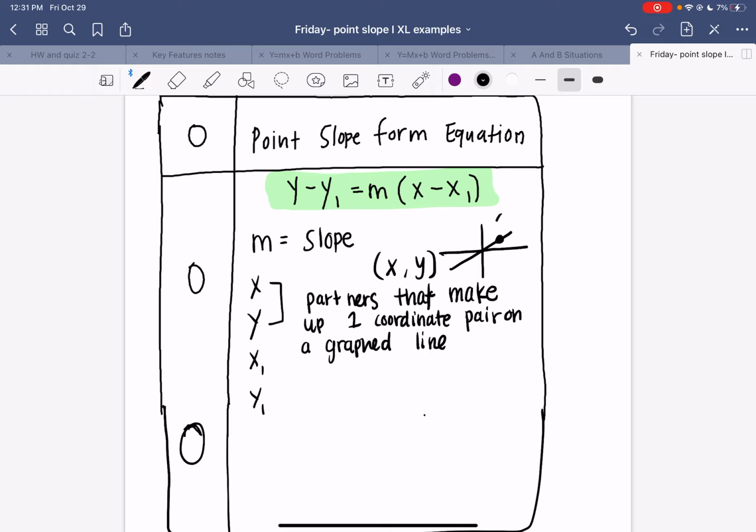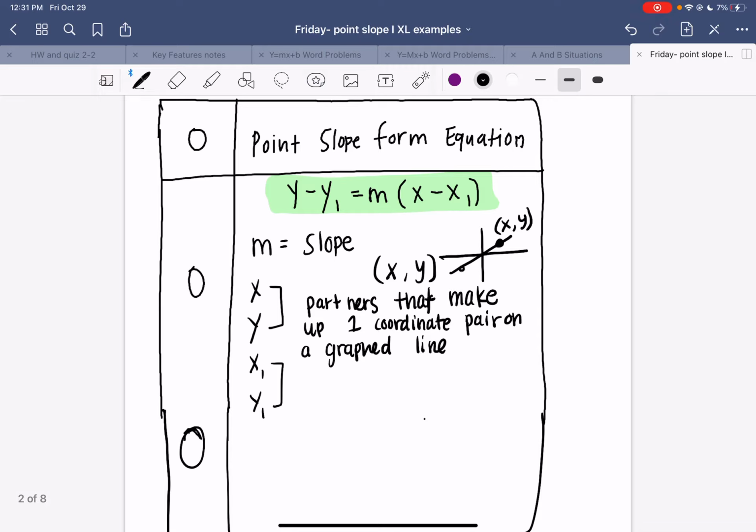For example, this could be x, y. Okay? And then we have x1 and y1, which are also partners that make up one coordinate pair on the graphed line. So separate partners. Both of these are partners except I'll maybe use a different color.